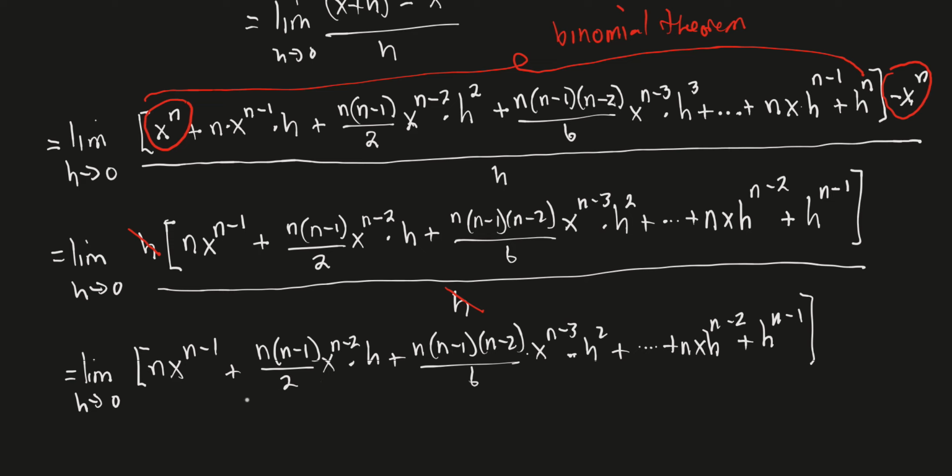You might be thinking, what? How am I going to do that? Well, take a look. All but one of the terms in this expansion, all of them except for the first one, has an h, right? This has an h, this has an h squared. All the stuff in here would have h to the third, h to the fourth, all the way up to, again, this h to the, and it could be a huge number there, right?